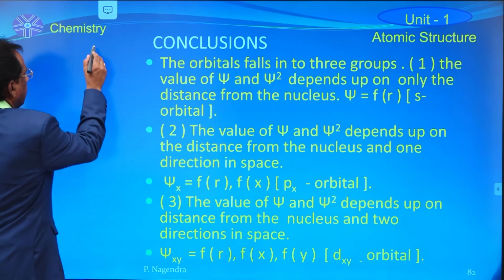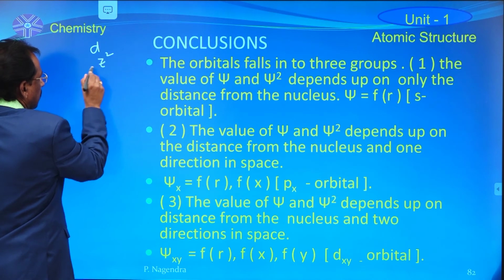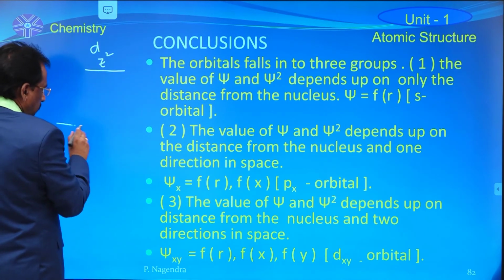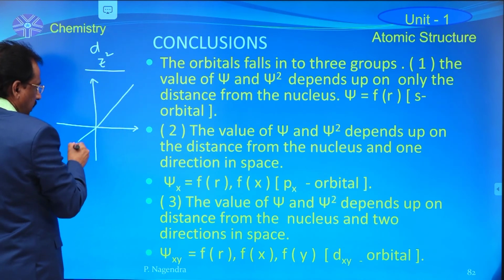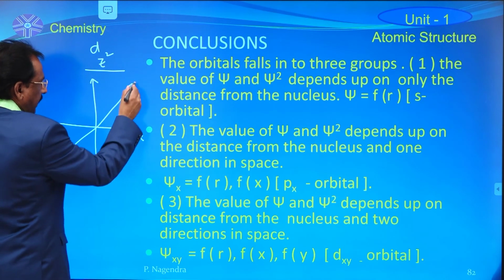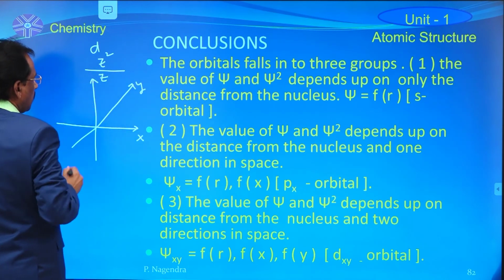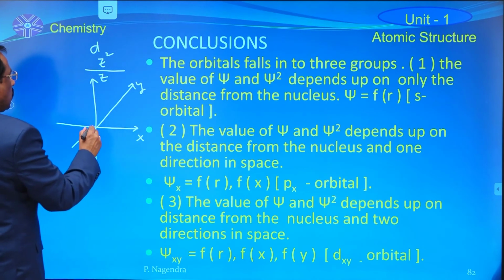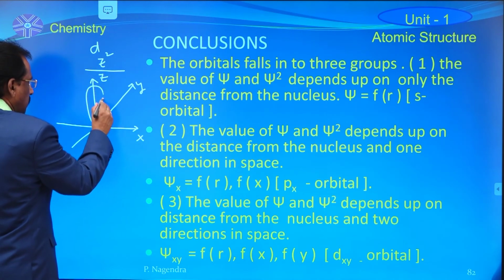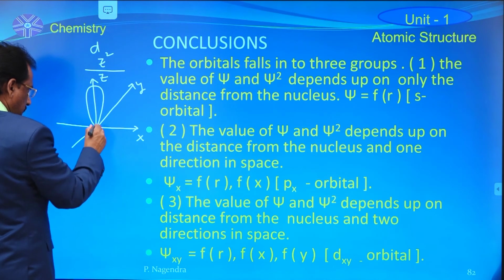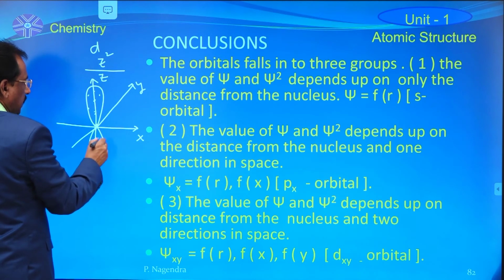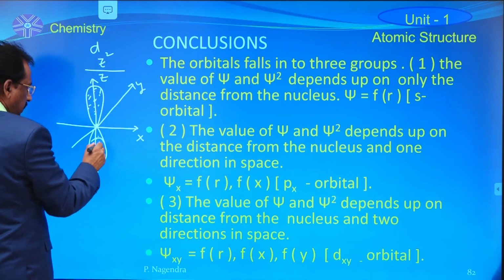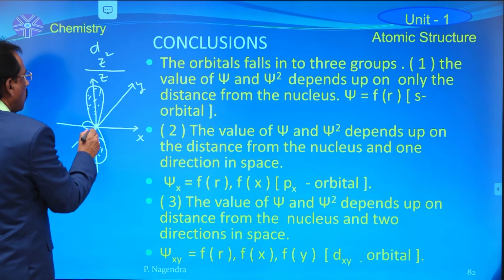And then the fifth one is dz square orbital. It has a very peculiar shape. If it is x, y and z, in dz square orbital, 2 larger lobes are concentrated along z axis like this, and with a small smoke ring like this.